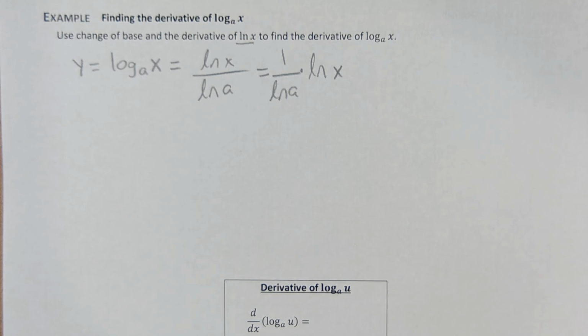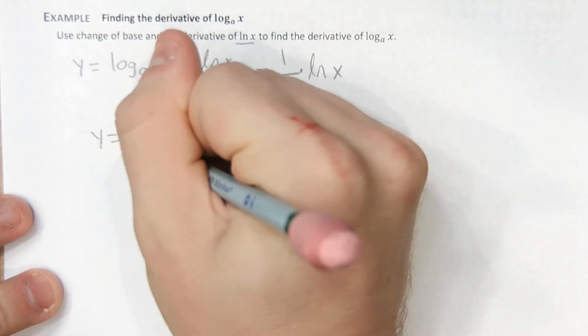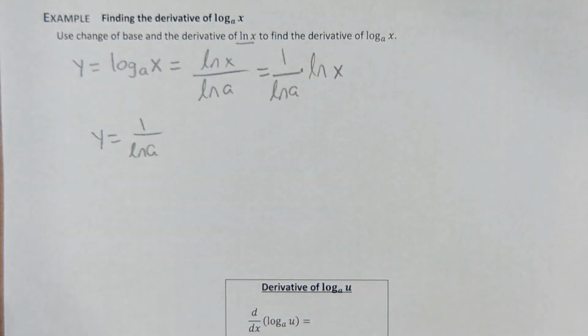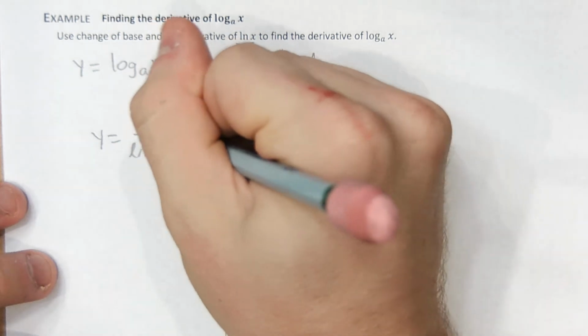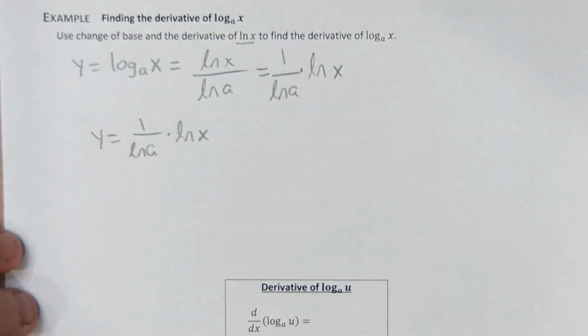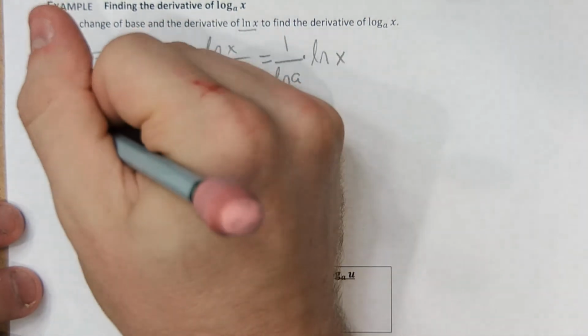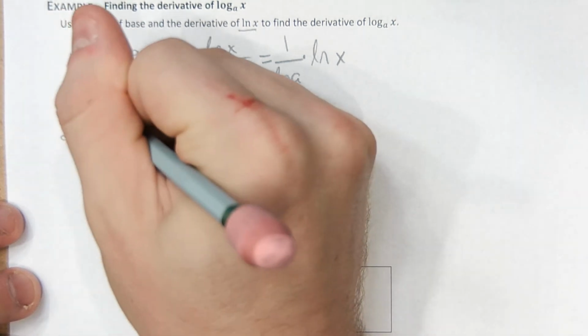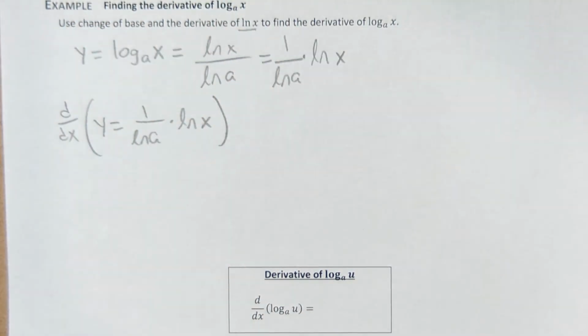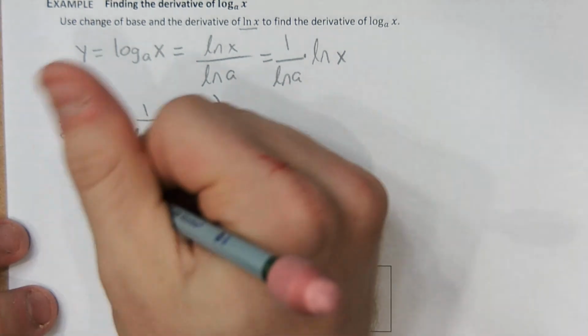Now that I know that y equals 1 over ln of a, which is just some constant, times the ln of x, I can now find the derivative of this. On the left, the derivative of y is dy dx.